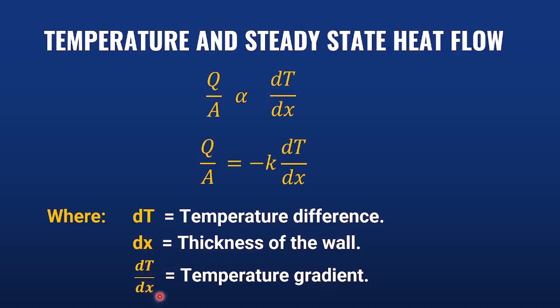The dT/dx, the combined term, represents the temperature gradient. This is also known as the variation of the quantity with respect to the distance. Recall from our previous video where we delved into the concept of rate of change. When we have gradients, it means change of that physical quantity with respect to distance.